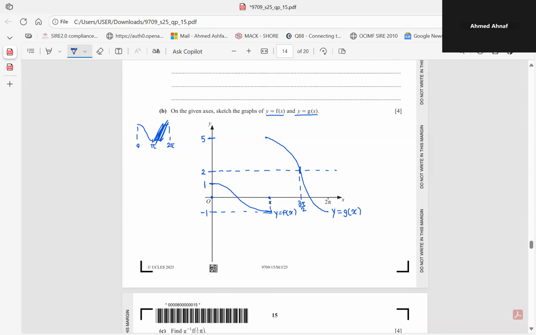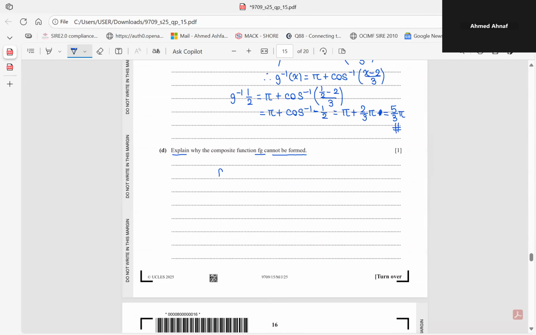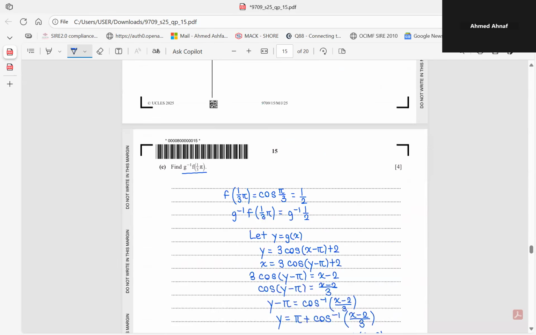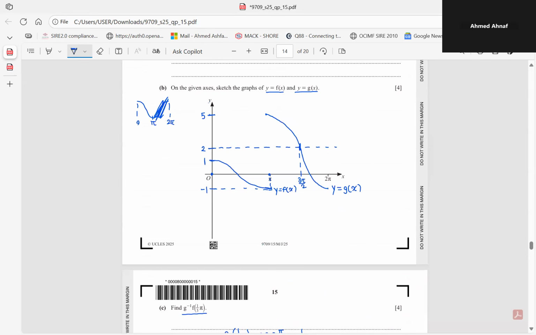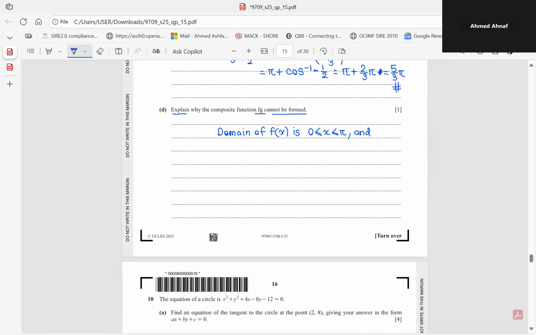The domain of f(x) is 0 to pi, okay? So let's write down: domain of f(x) is between 0 and pi. And what's the range of g(x)? We just look at our graph. It is between -1 and 5.